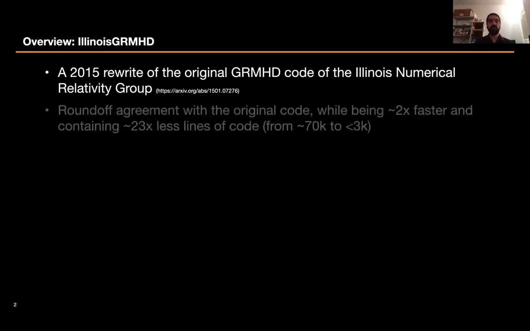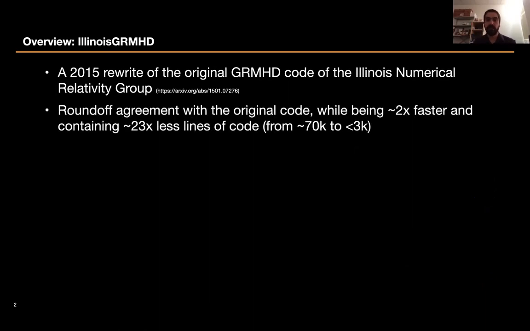So the first thing that I want to say for those that are not familiar with IGM is that it is a 2015 rewrite of the original GRMHD code of the Illinois Numerical Relativity Group. It has been shown to have round-off error agreement with the original code, but it is twice as fast, and it contains a great reduction in the number of lines of code, mostly due to removing dead code that was just lying around.